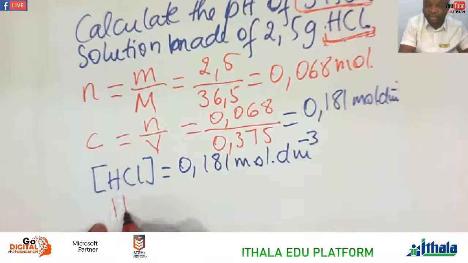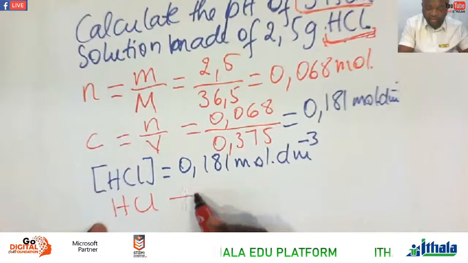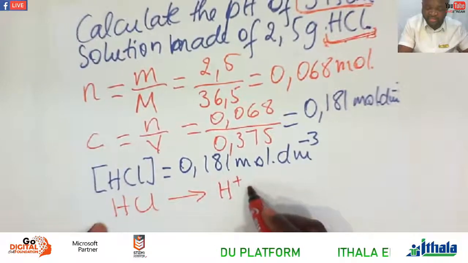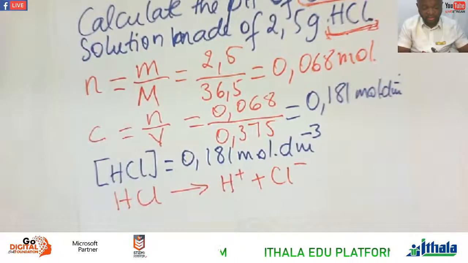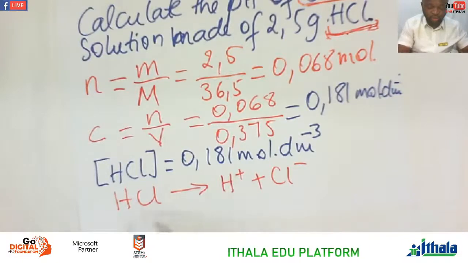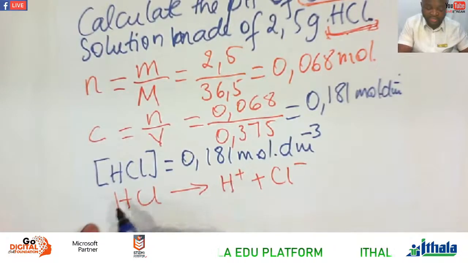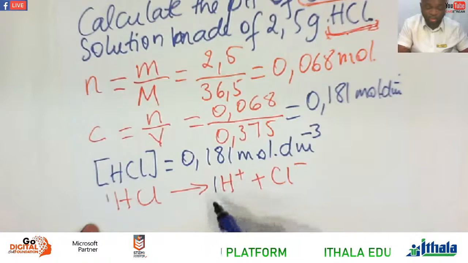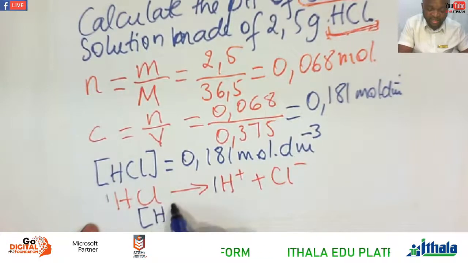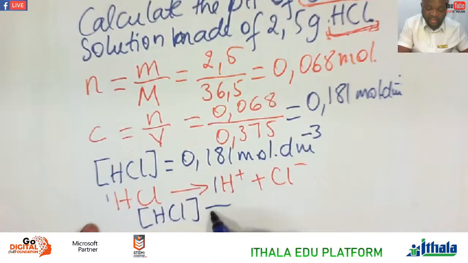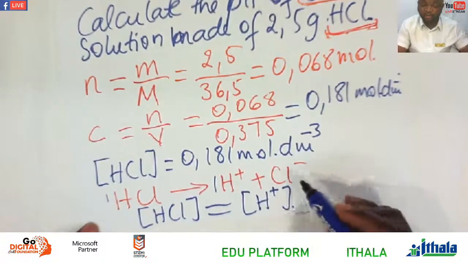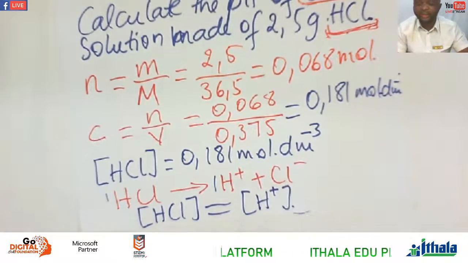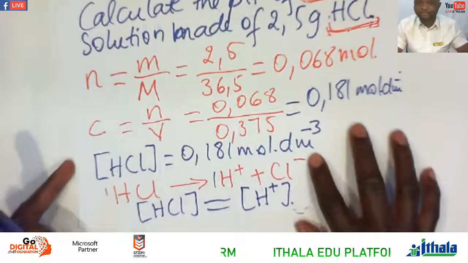So by writing HCl, HCl uzokhiphela H+ plus what? Cl minus. From le equation le sibona ukuthi I ratio between HCl no H+, it's 1:1. Kusho ukuthi I concentration ka HCl iyalingana ne concentration ka bani? Ka H+. Kanti lo H+ imfunayo for a calculation ye pH.